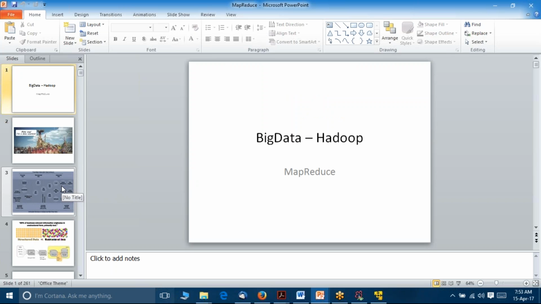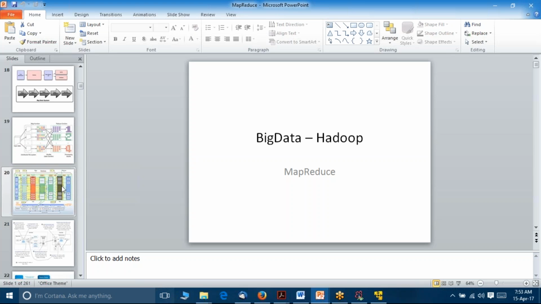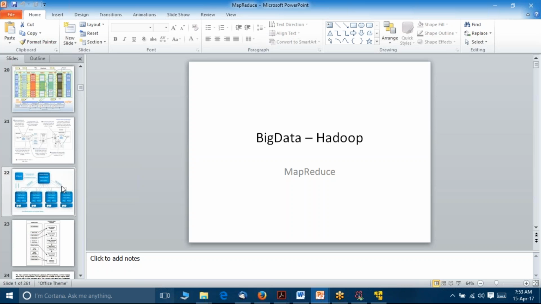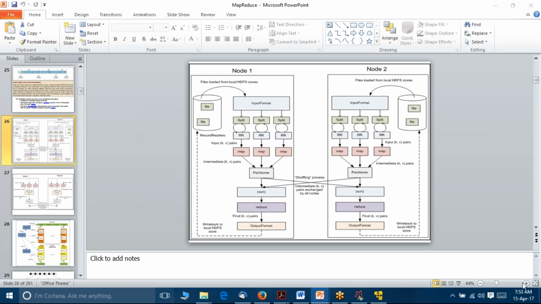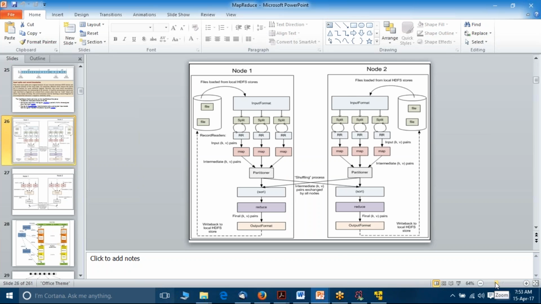Without understanding the MapReduce, you will not be able to understand anything in the entire Hadoop cluster. This is very, very crucial. Look at this life cycle of the MapReduce job. You will be able to understand things at a different level.